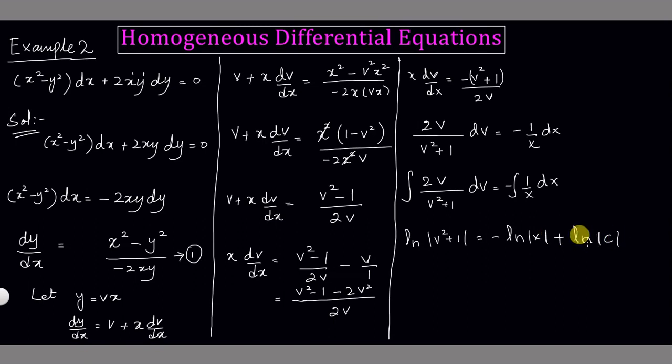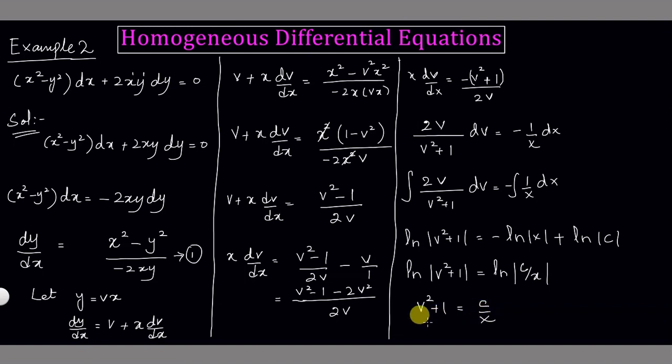You can use c as well, but I want to remove the natural log from the equation most of the time, so that's why I am using natural log of c. So finally it will become natural log of c by x. After taking anti-log, you will get v square plus 1 is equal to c over x.